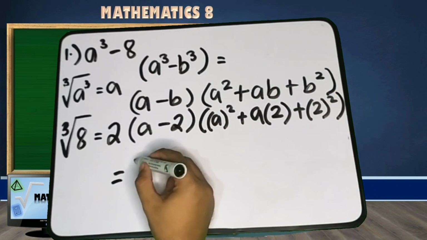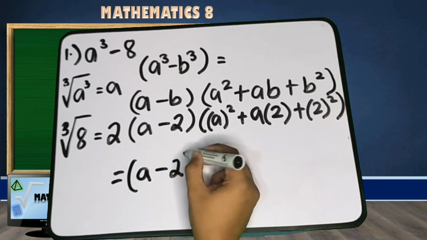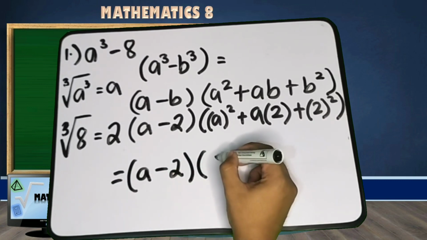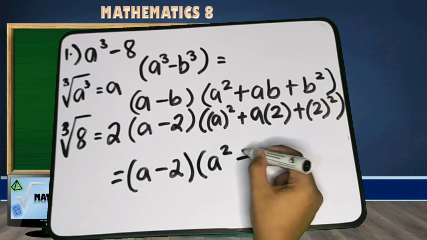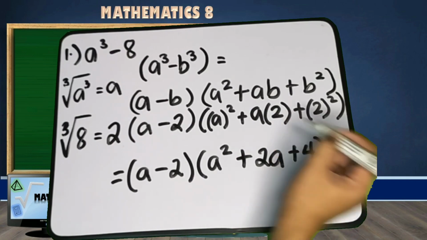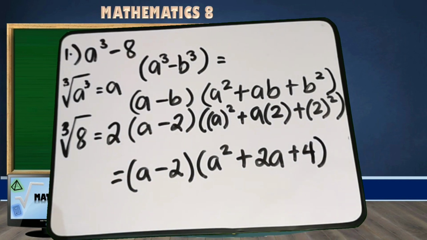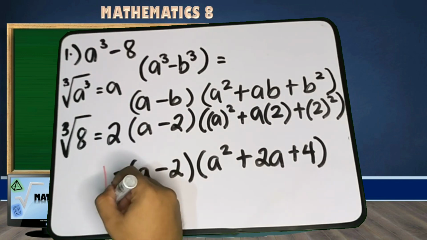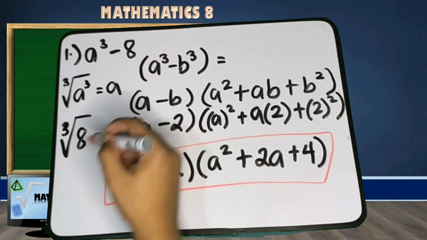Our final answer now will be a minus 2 times a squared plus 2a plus 4. So this will be our factor.